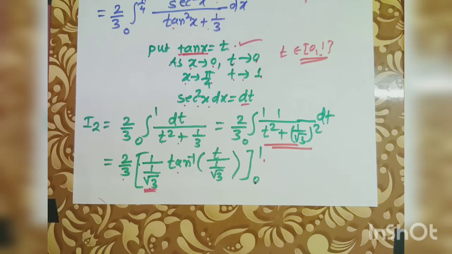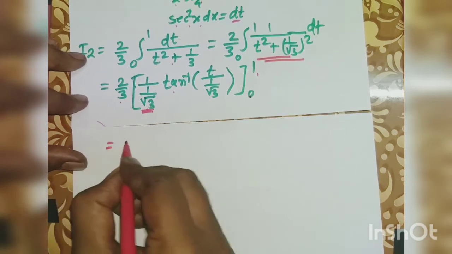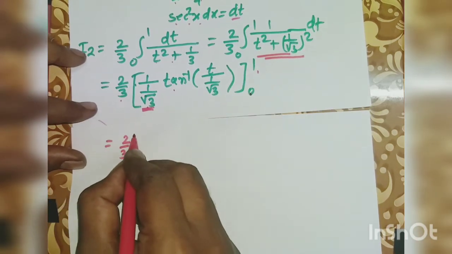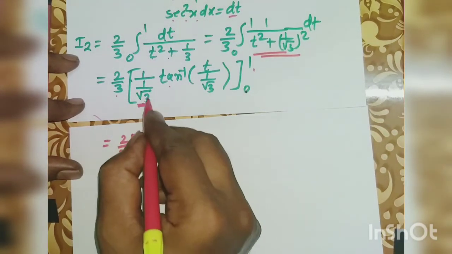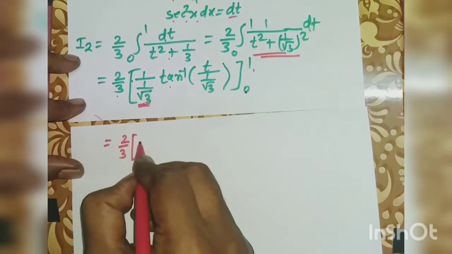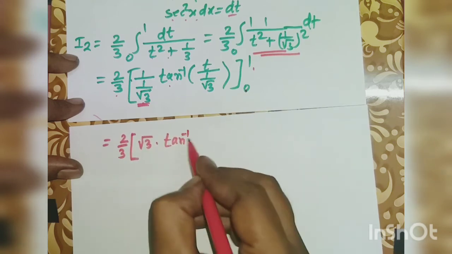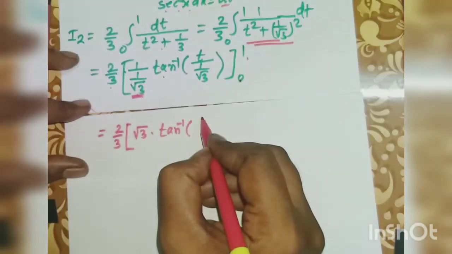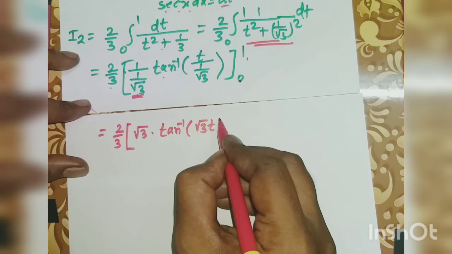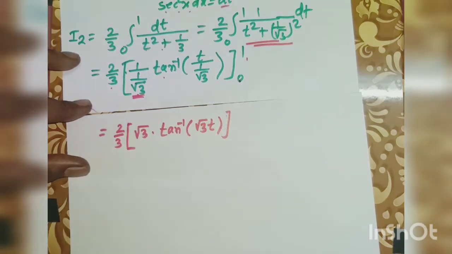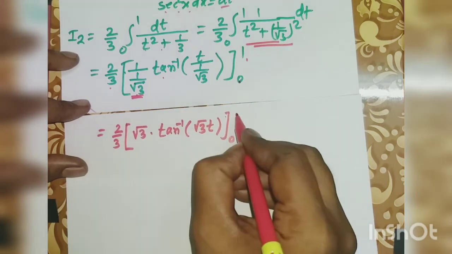Now continue this. It is equal to 2 by 3, and the upper limit is 1. 1 divided by 1 by root 3 means root 3 into tan inverse of t divided by 1 divided by root 3, that is root 3 t. First simplify this, and then the limit is 0 to 1.